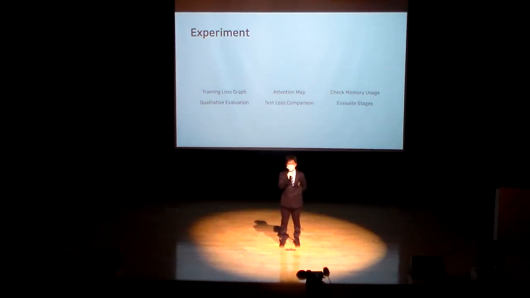Second, I checked the attention map and compared the test loss with and without attention so that we can check if attention works properly on voxel generation. Third, I checked the result of each stage, divided to handle the memory size problem, so that we can check if it is possible to divide it into 3 stages.